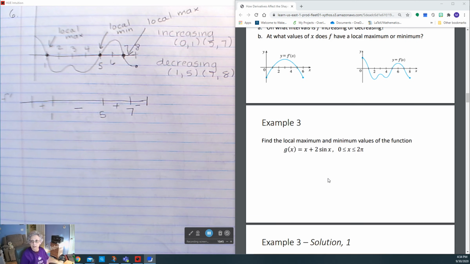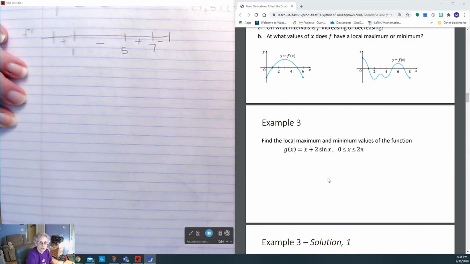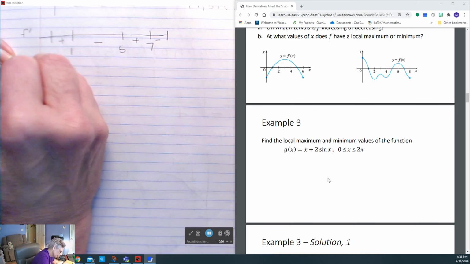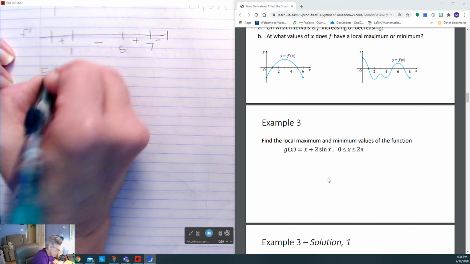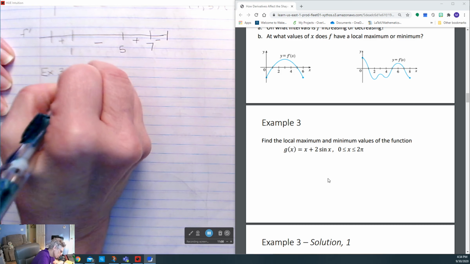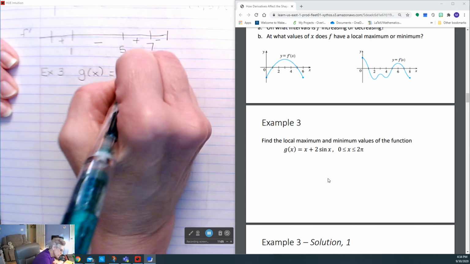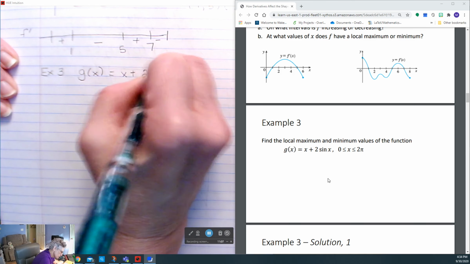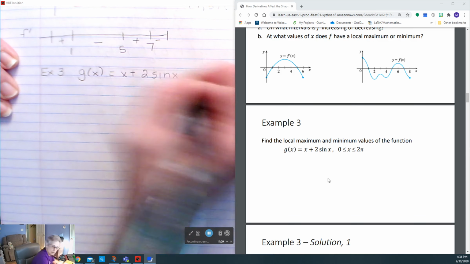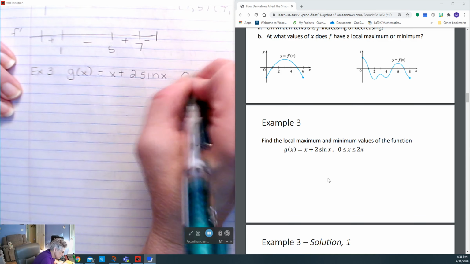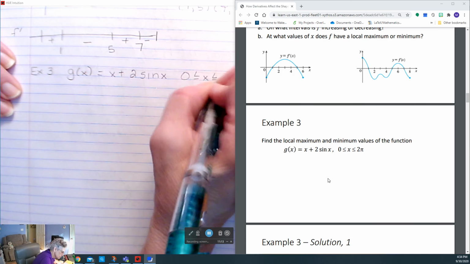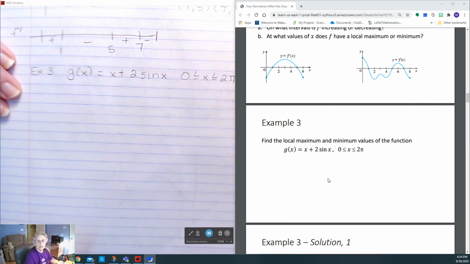Okay. Example 3. Find local max and local minimum values of the function on this particular interval. We've named it g for a change, g of x is x plus 2 times the sine of x, and we're going from 0 to 2 pi.